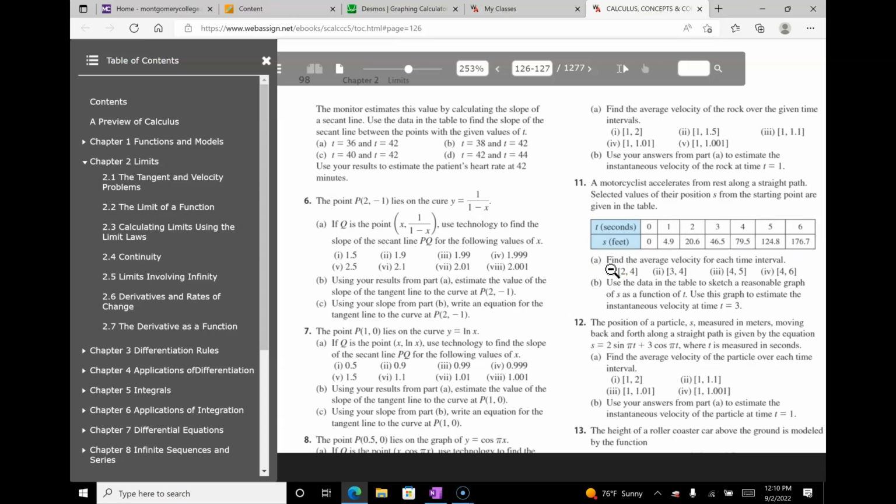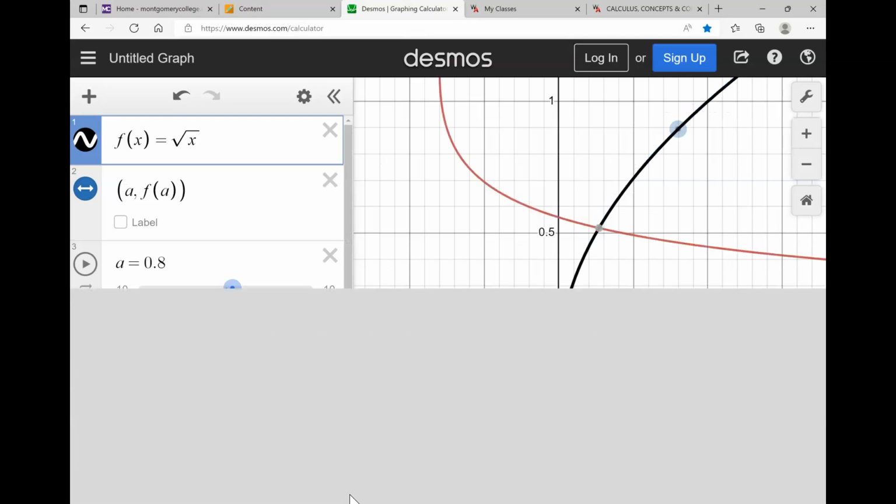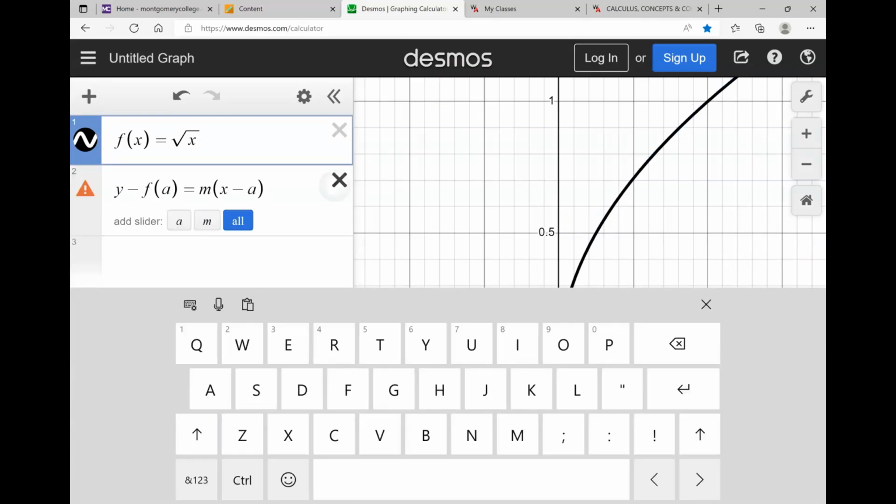So I have a curve of y equals 1 over 1 minus x. We're going to put that into decimal for sure. And then I have a fixed point, 2 comma negative 1, and an arbitrary point, x comma f of x. So, into Desmos. Yes, you're with me. If you want to save that sketch, you can just open a new window.